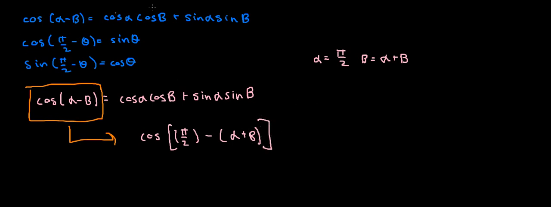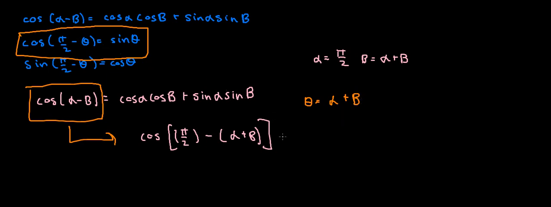And if I look over here, cosine of pi over 2 minus theta is equal to sine theta. Pi over 2 and theta in this case is equal to alpha plus beta.